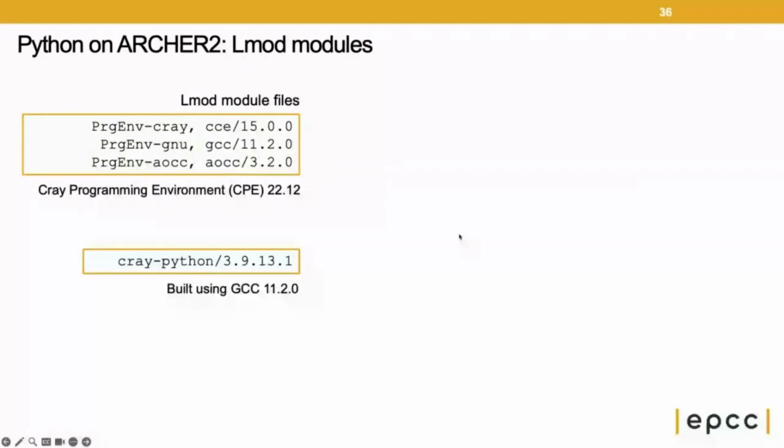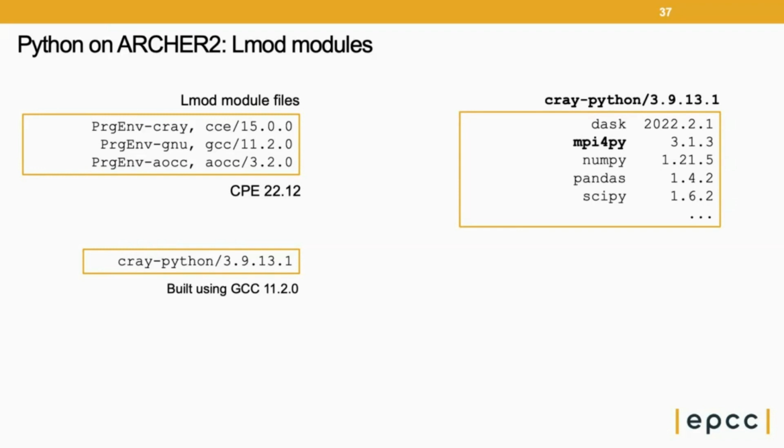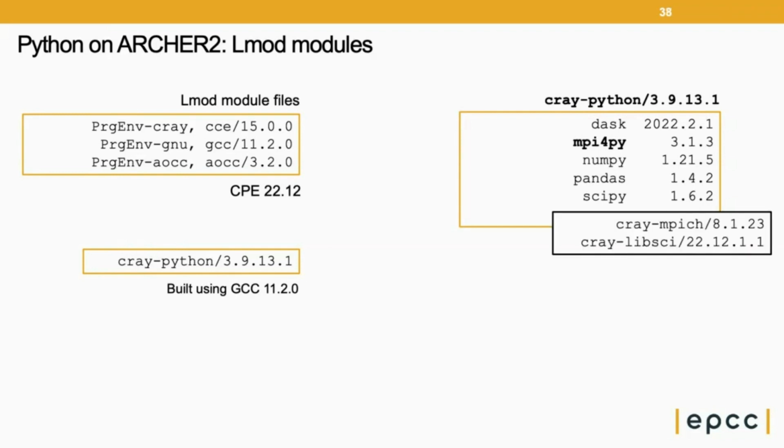that. So that one. Yeah, so HPE Cray also provide the Cray Python module, which contrasts to the situation on Cirrus, where we at EPCC built our own central Python modules, and the Cray Python one is built using the GCC compiler, and these are some of the packages provided by that module, mpi4py, for example, and NumPy and SciPy.